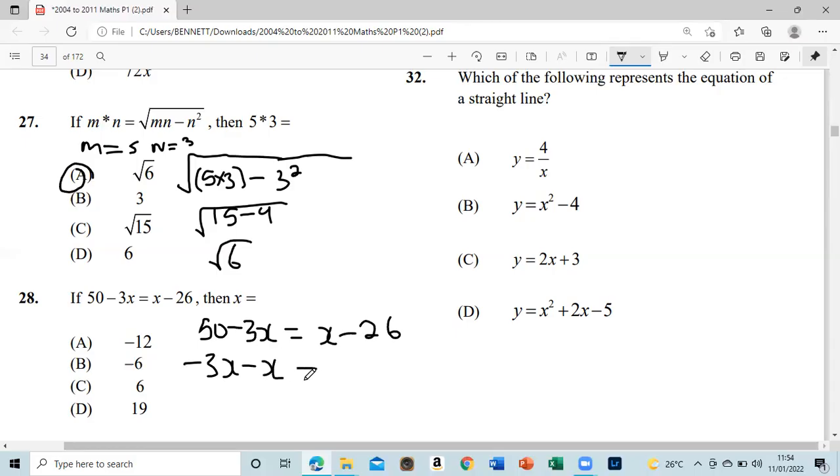This is minus 26 minus 50, because this is a positive 50, so it becomes negative. And this will give us a negative 4x equal to negative 76. Then we divide by 4, and that looks like 19 is the answer. Positive, yeah, that's 19, definitely. 4 times 19 is 76, yeah.